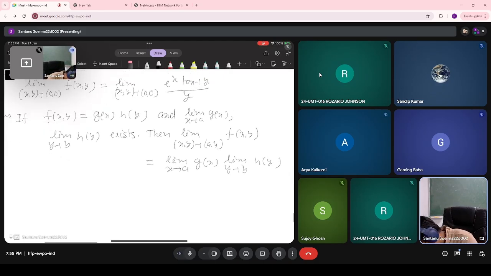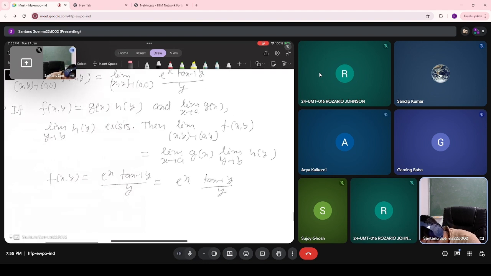Here we can see that f of x comma y equals exponential x into tan inverse y divided by y, which is exponential of x into tan inverse y by y. So our g of x is exponential x and h of y is tan inverse y divided by y. Correct.